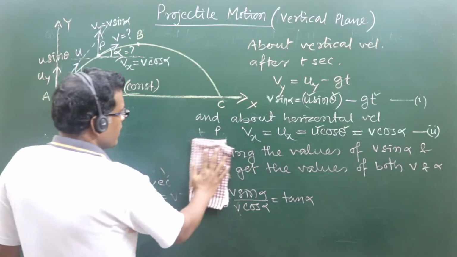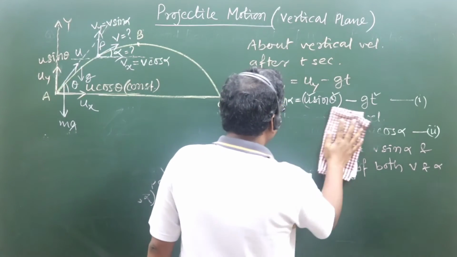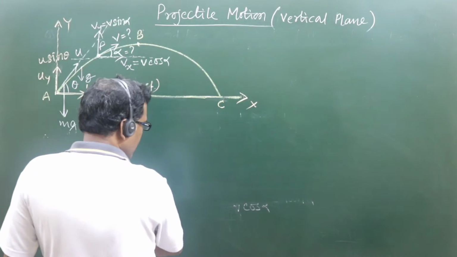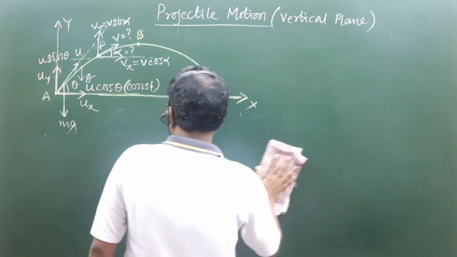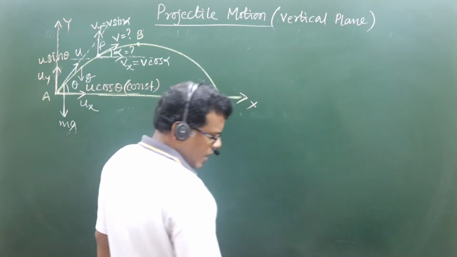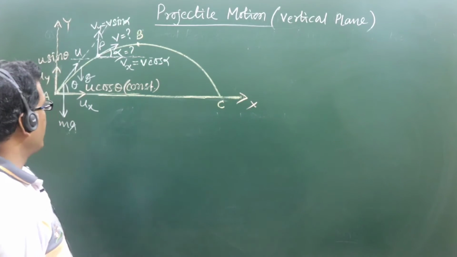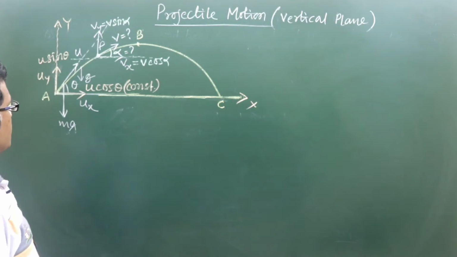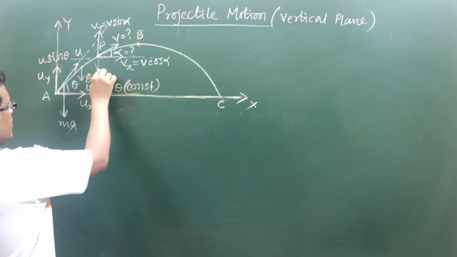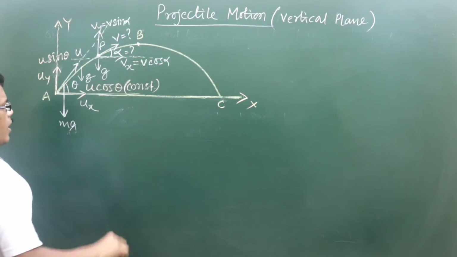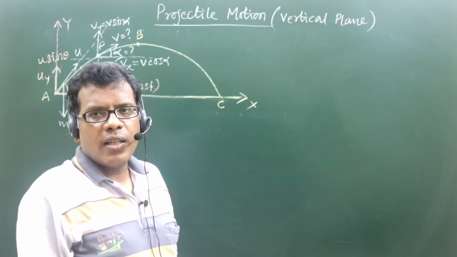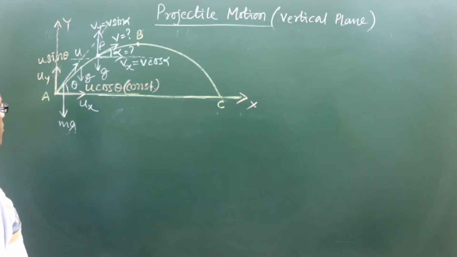Fine. So after knowing this much, we can make this argument: the velocity of the particle is gradually decreasing during the ascending motion, that is from A to B, because g is vertically downward in direction. G acting vertically downward is acting as a retarding factor against the vertical velocity, which is decreasing.